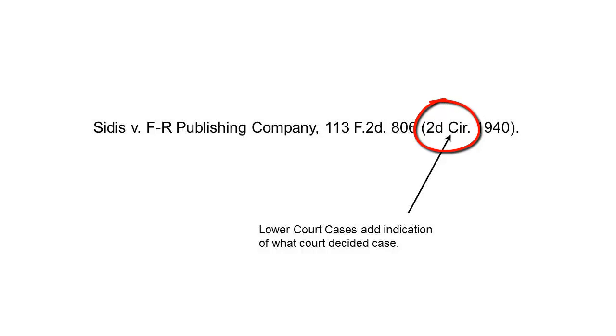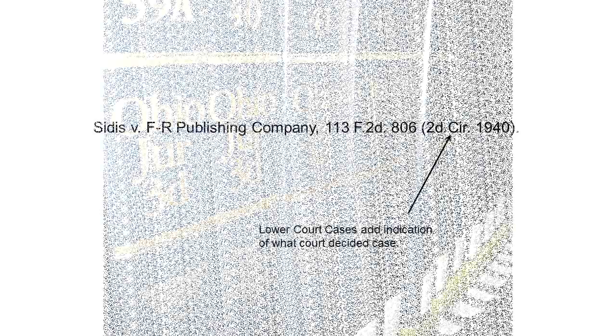In this particular case, this was decided by the Second Circuit Court in 1940. So when we have a court decision that's coming from somewhere other than the Supreme Court, part of the date is also going to include an abbreviation for what court decided that case.